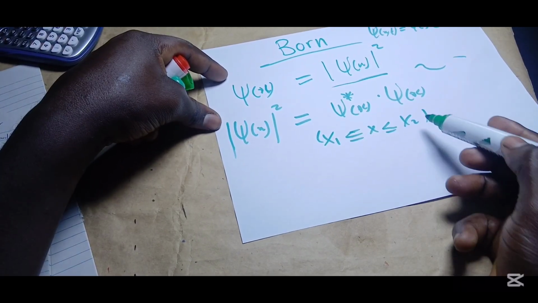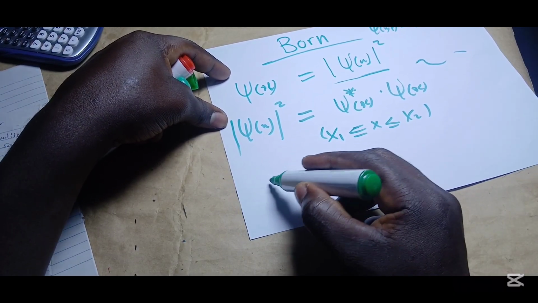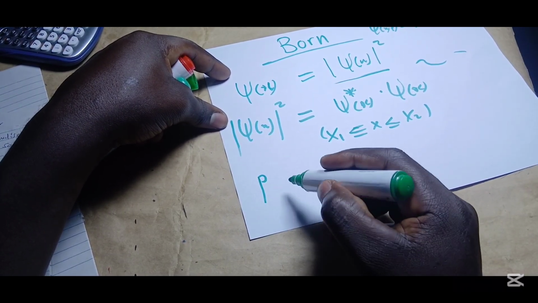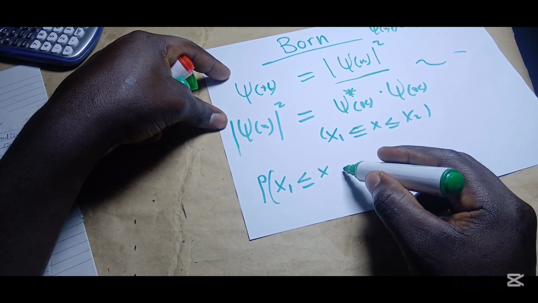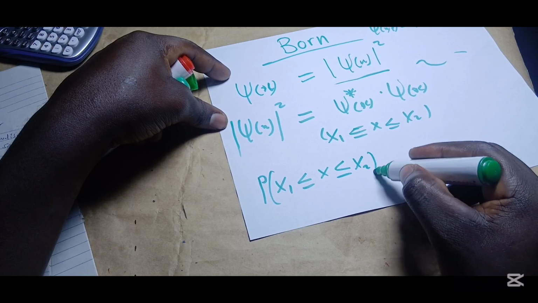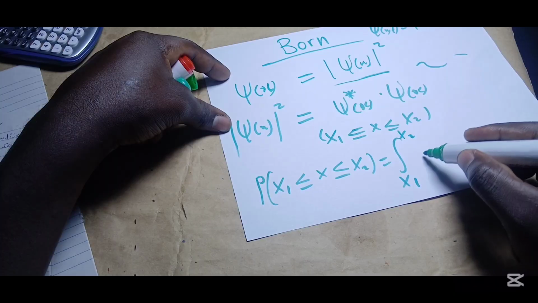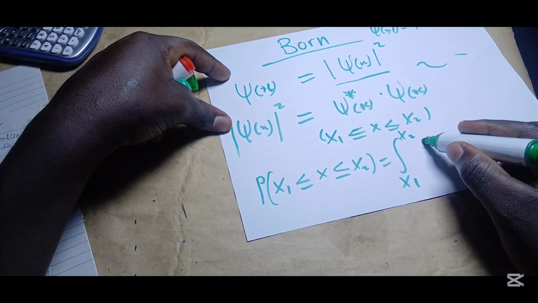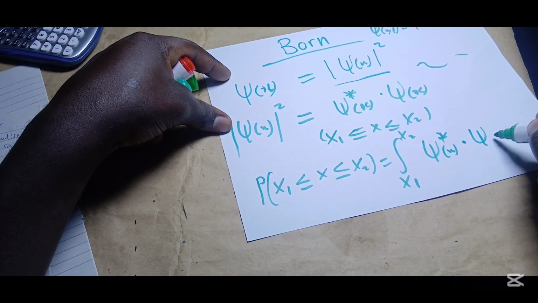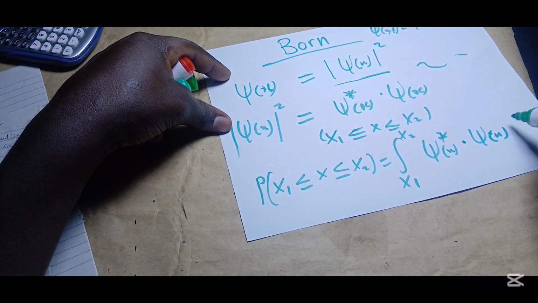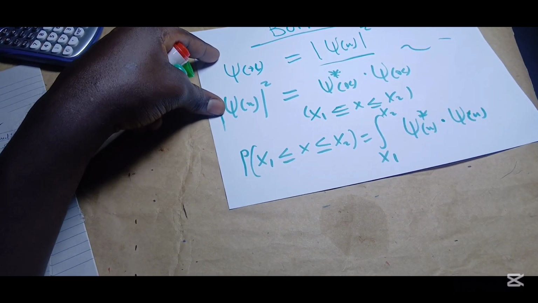So the probability for us to find an electron between x1 and x2 can be written as the integral from x1 to x2 of the wave function, and the wave function you can write with its complex conjugate. If you write it like this, there's no need to bring the square again.